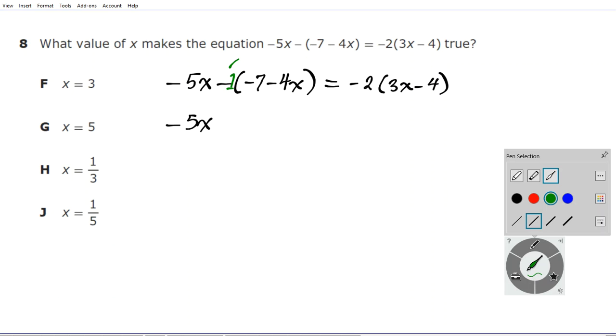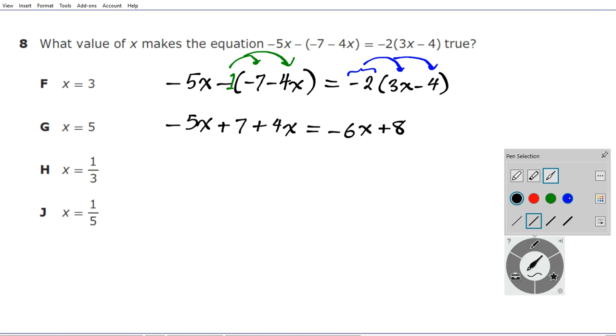So we're going to distribute negative 1 to these two numbers in the parentheses, which yields positive 7 plus 4x. Over here the same principle applies. We take negative 2 and distribute it to these two numbers in the parentheses, and that will yield negative 6x plus 8.